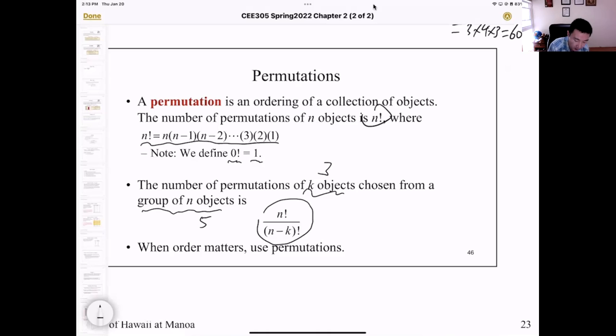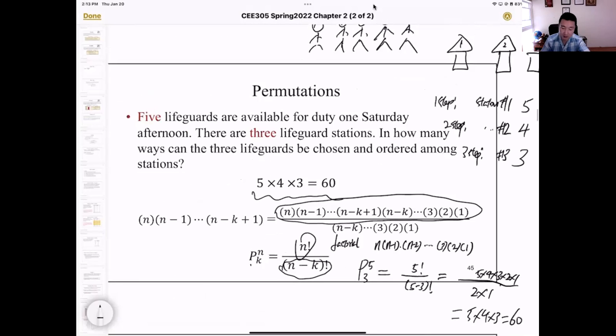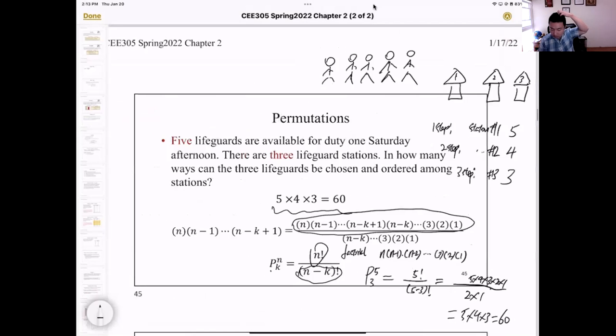Here is a very important note. When order matters, use permutation. So what does this mean? In the lifeguard example, we choose 3 lifeguards and we assign them to 3 different stations.